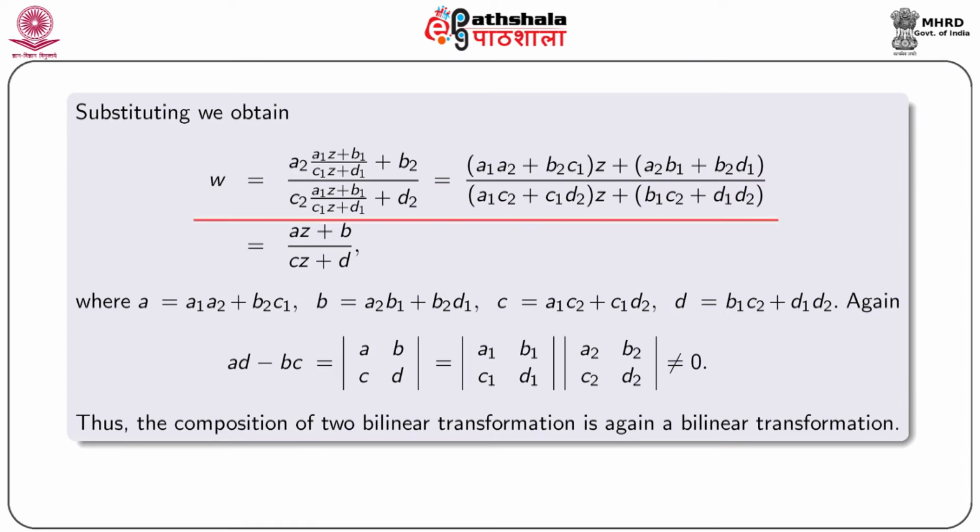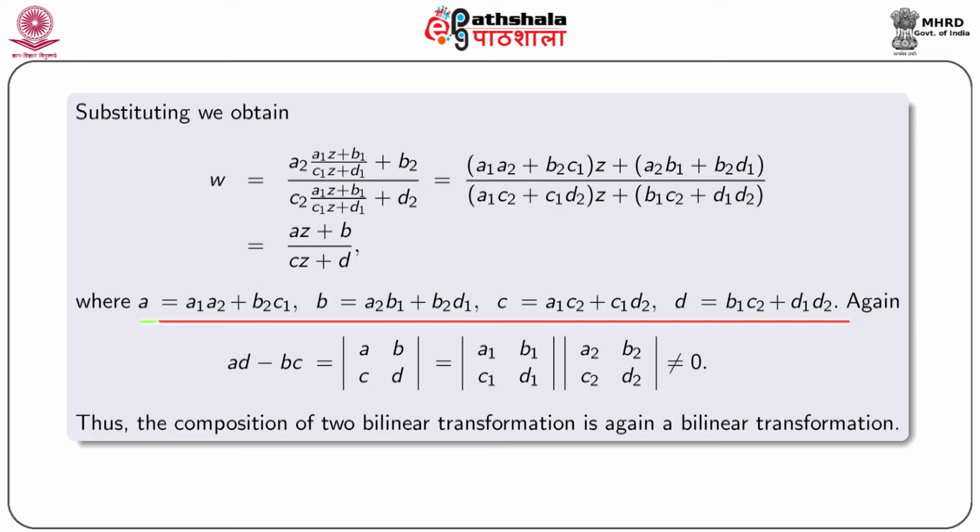Substituting, we obtain w equal to [a2 (a1 z plus b1) by (c1 z plus d1) plus b2] by [c2 (a1 z plus b1) by (c1 z plus d1) plus d2], and by simple calculation we obtain this equal to (az plus b) by (cz plus d), where a is given by a1 a2 plus b2 c1, b equal to a2 b1 plus b2 d1, c equal to a1 c2 plus c1 d2, and d equal to b1 c2 plus d1 d2.